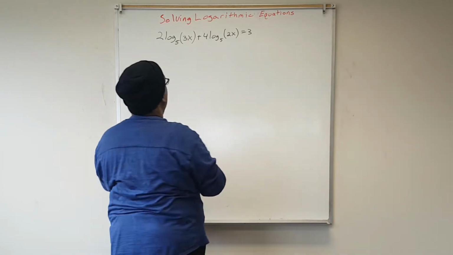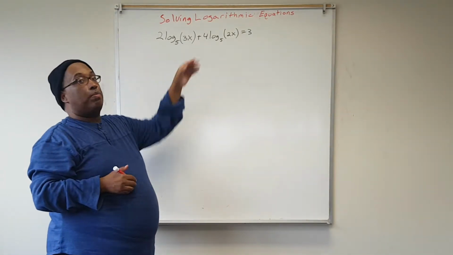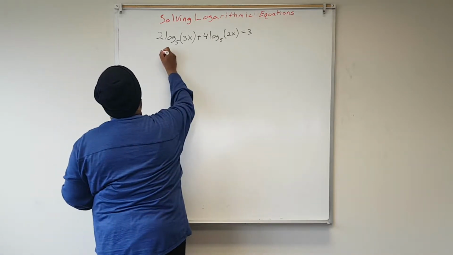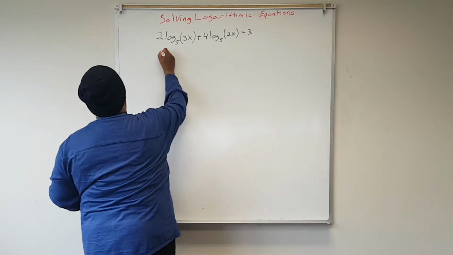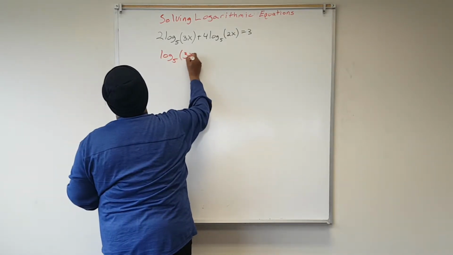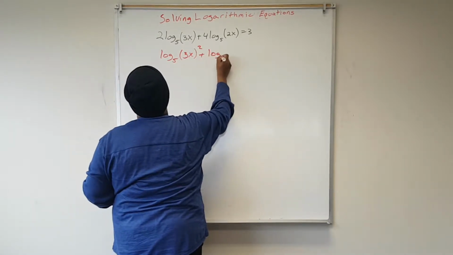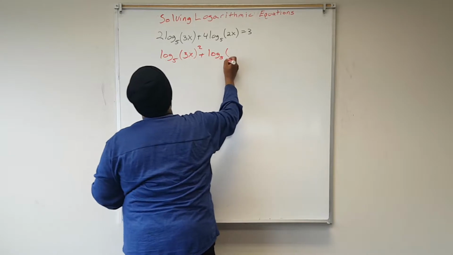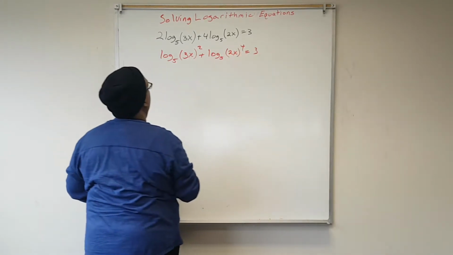First thing you need to do is know that the coefficients become exponents. So we have to use that rule of logarithms, and we get log base 5 of 3x squared plus log base 5 of 2x to the 4th equals 3.